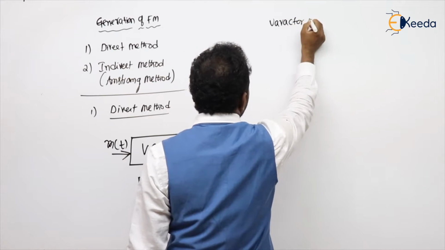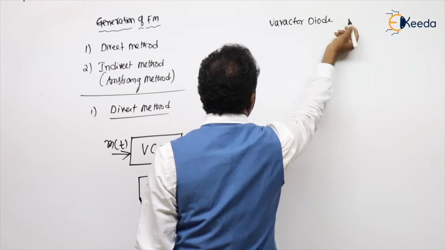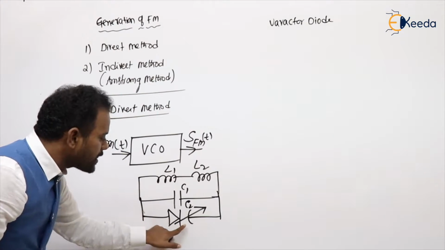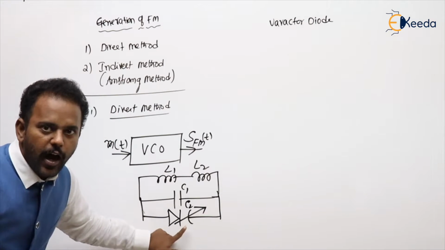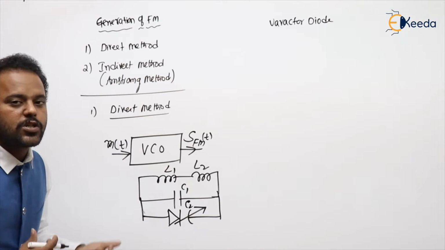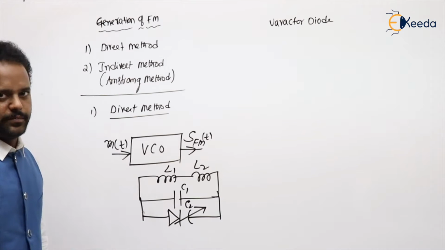What is the property of a varactor diode? Based on the biasing voltage applied across the varactor diode, the capacitance varies.